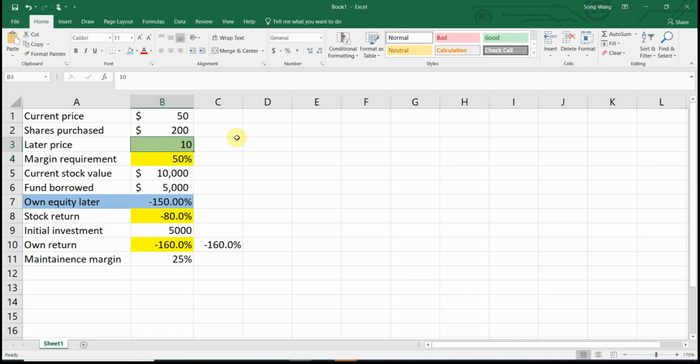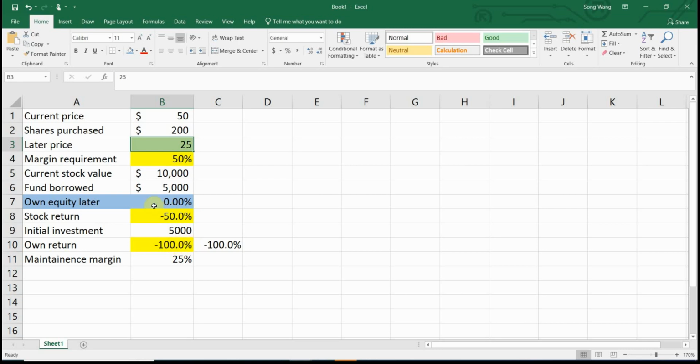So what makes your own position get to zero? When it's $25. So what you see here is the stock price drops to $25. That's cut in half, and the stock return is negative 50%. Because your margin requirement is 50%, your own return is enlarged to negative 100%.